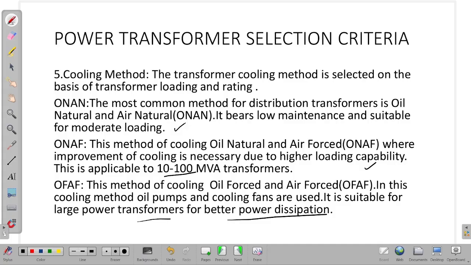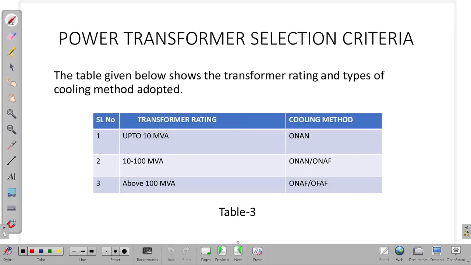So these are the things in case of cooling method, and this table gives you the rating and types of cooling method employed up to 110 MVA. It is ONAN, oil natural air natural. For 10 to 100 MVA, it is oil natural air natural as well as oil natural and air forced. Above 100 MVA, it is oil natural air forced and oil forced air forced.